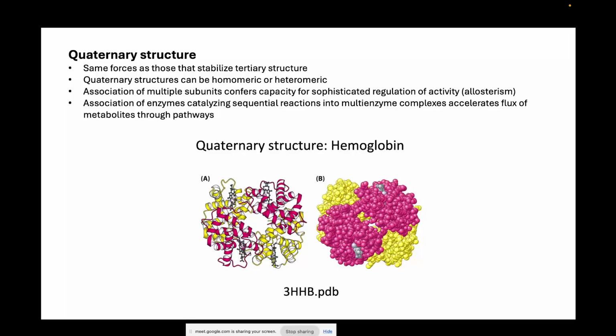If you have two tertiary structures that are subunits of a larger protein, these will come together to form a quaternary structure, which will form the final protein. So as I was saying, if multiple tertiary structures come together and make the quaternary structure, these quaternary proteins can be mostly homomeric or heteromeric.